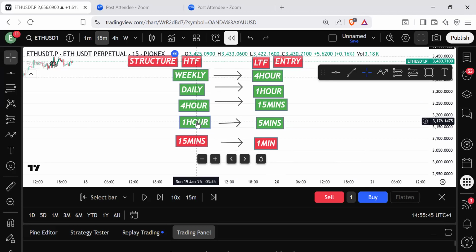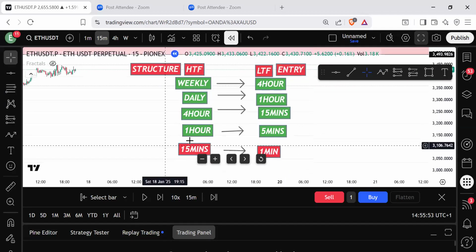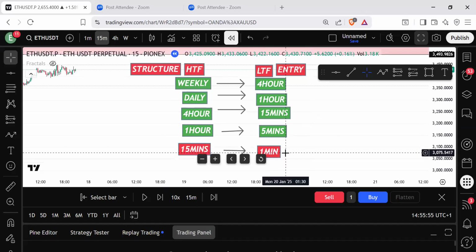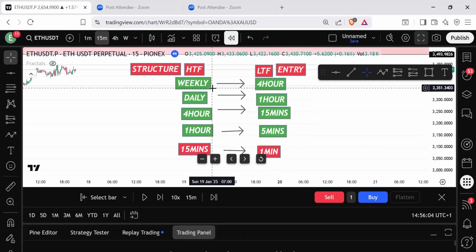So you said you like to get more trade signals daily, right? The best for that is actually 15 minutes and 1 minute, but the accuracy is lower than the rest.